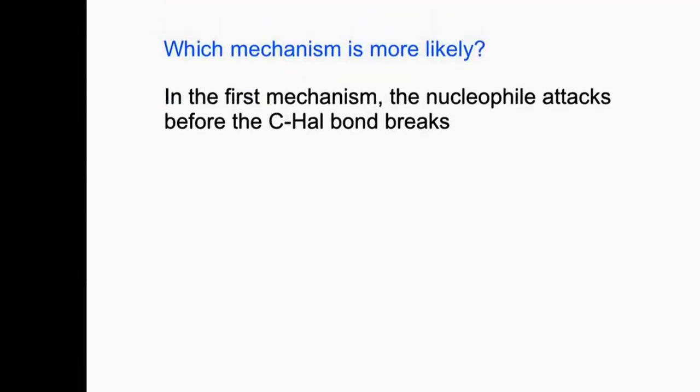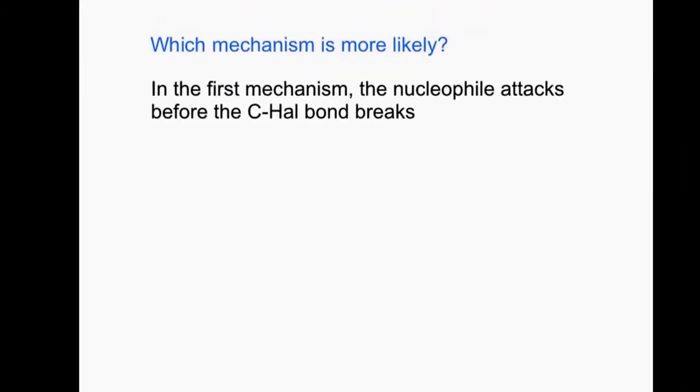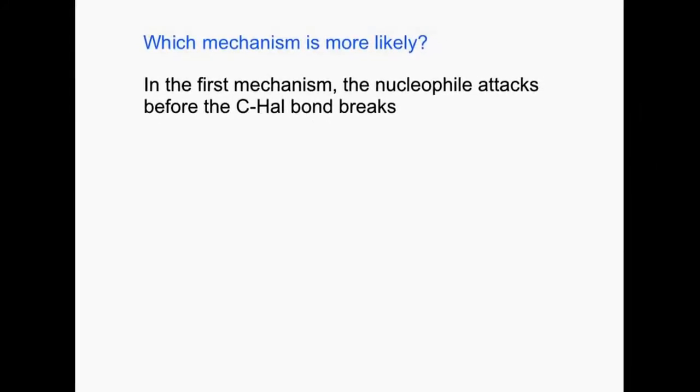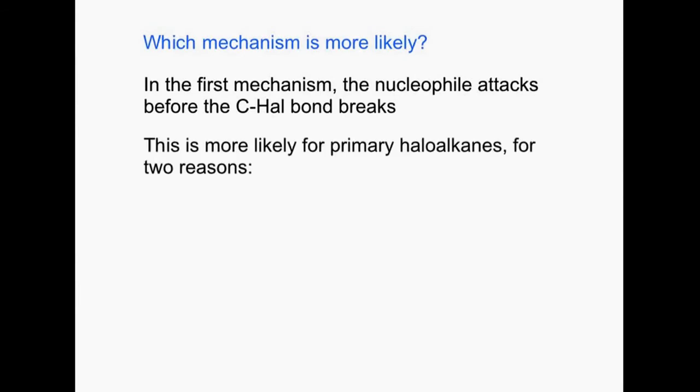The first mechanism where we have just everything happening in one step, or the second mechanism where the carbon-halogen bond breaks first? In the first mechanism, it's the nucleophile attacking that really encourages the carbon-halogen bond to break. This is more likely for primary halogenoalkanes, and there are 2 main reasons.